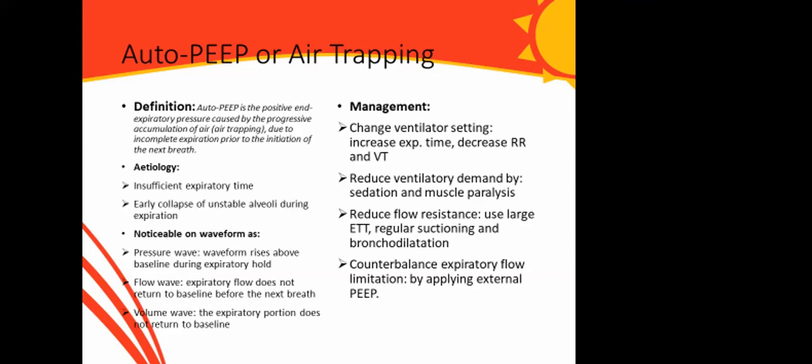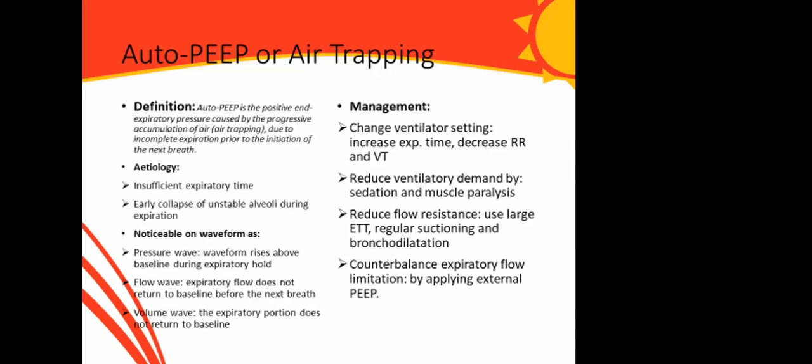You can reduce flow resistance by using a larger endotracheal tube, changing your endotracheal tube, and doing regular suctioning to ensure that no secretion is blocking the airway. Don't forget that expiration is passive, so a little amount of obstruction during expiration may lead to incomplete expiration. During inspiration, it may not be much of a problem because there's positive pressure trying to break through whatever obstruction is in the way.